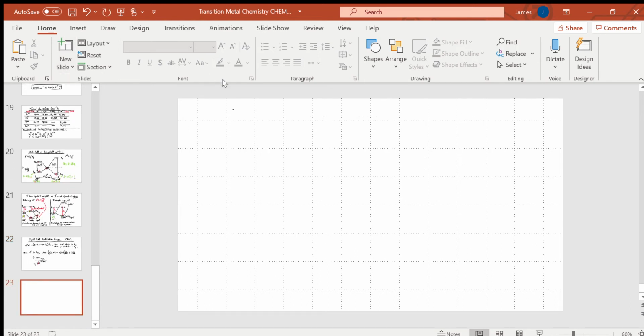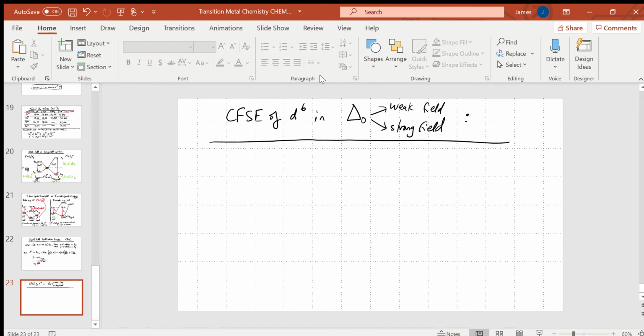So let's look at CFSE of a D6 in delta O, and we're going to compare weak field and strong field. So let's compare those two.